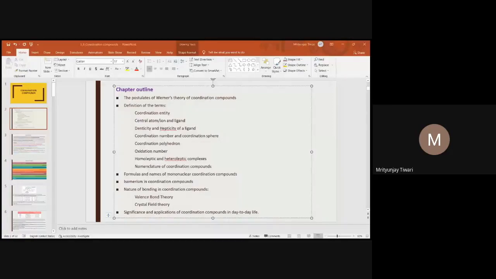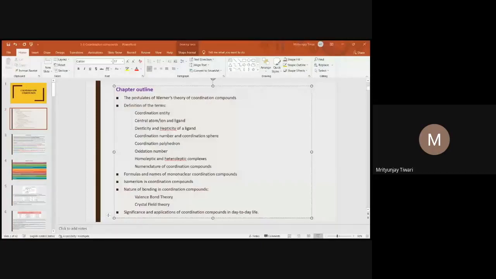He made a rigorous and very systematic study of coordination complexes, at a time when detection techniques were not so developed. Now there are many spectroscopic techniques with which you can solve the structure of any compound, but those were not there when Werner did his experiments and proposed his theory.